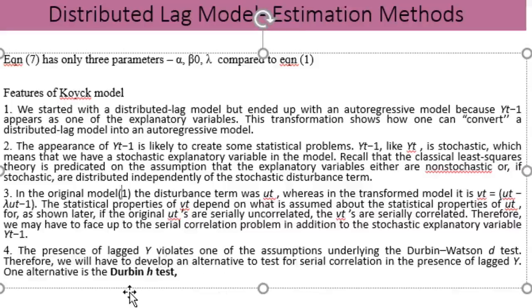That is, if lagged y values are present in this model, then we cannot apply the Durbin d-test. We have to apply the Durbin h-test. In order to test the autocorrelation problem, we need to apply another test, namely the Durbin h-test. The reason is the presence of lagged values of the dependent variable.